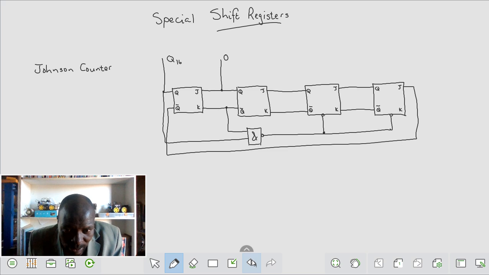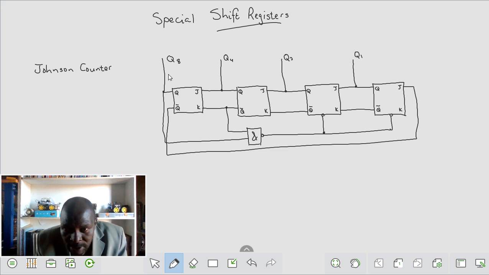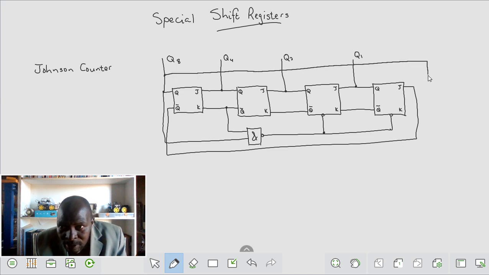That's 8 already. 8, 4, 2, and 1. Okay, so the only thing is that you take that one there and feed it back to the other one.